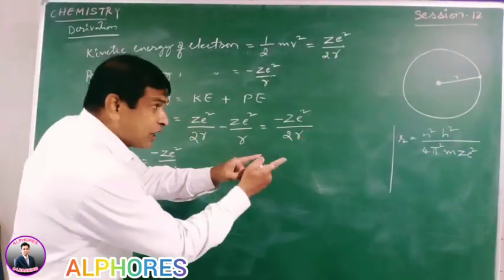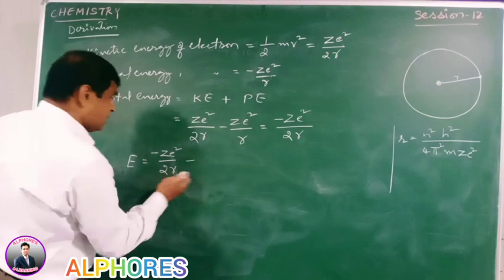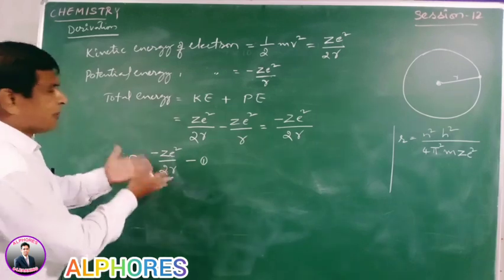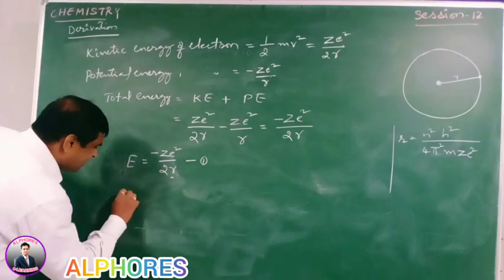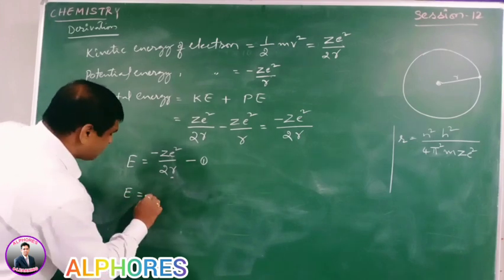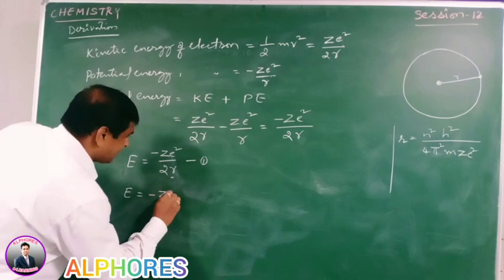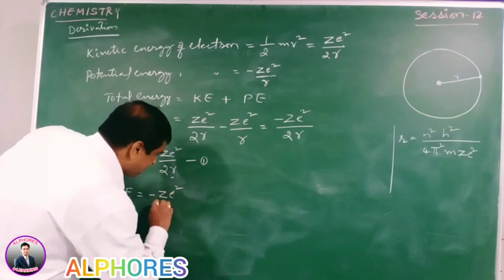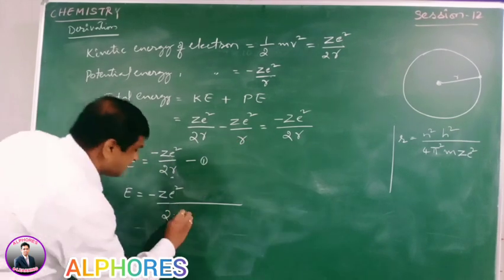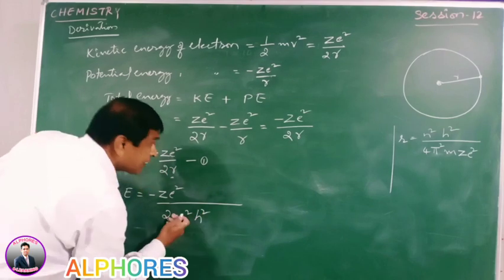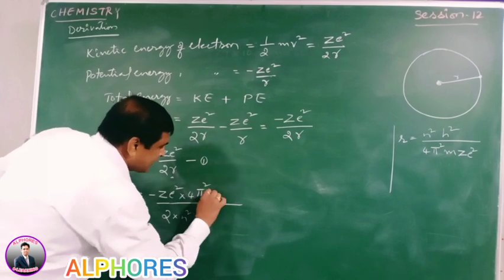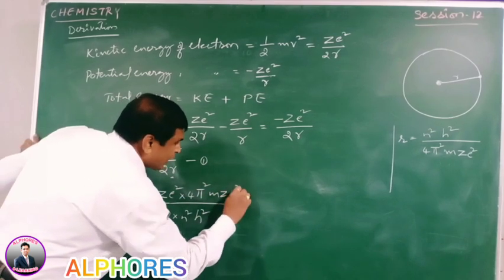Now substitute r in the above equation. So the total energy of the electron in the orbit is E equals minus ze square by 2 into the r value, that is n square h square by 4 pi square m ze square.